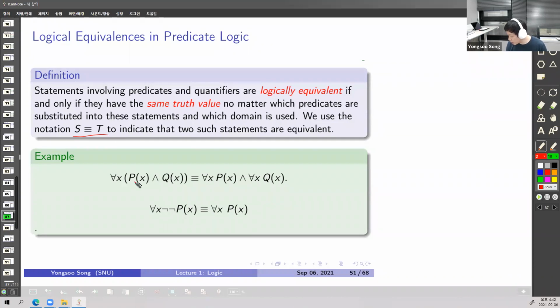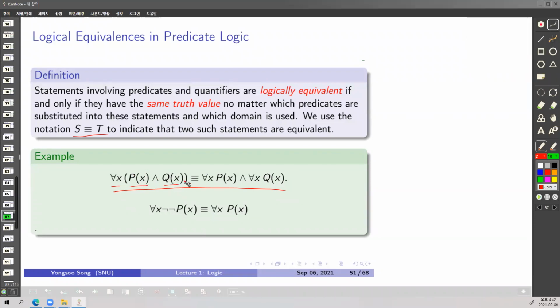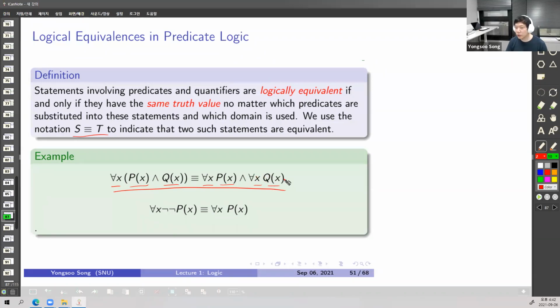For example, for all x, P(x) and Q(x) is true if and only if for all x, P(x) is true, and for all x, Q(x) is true. So these two statements are logically equivalent.